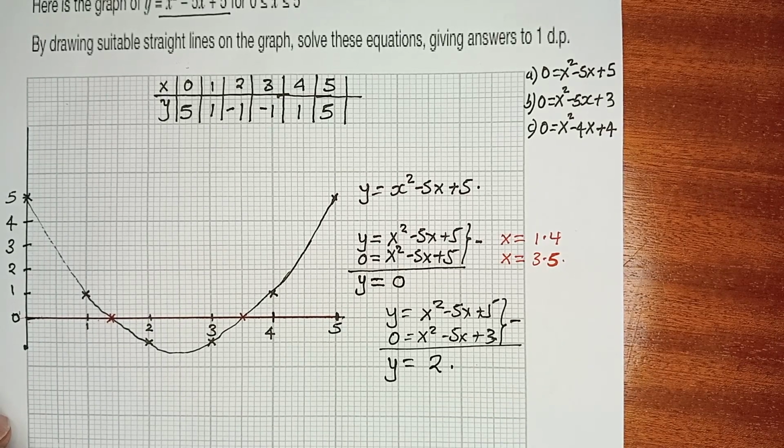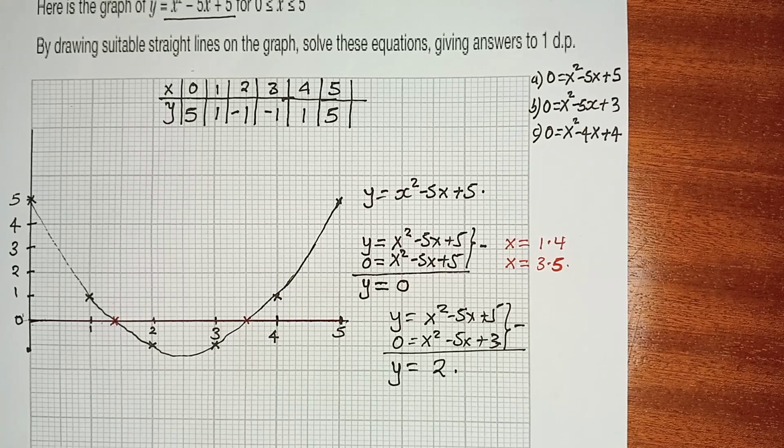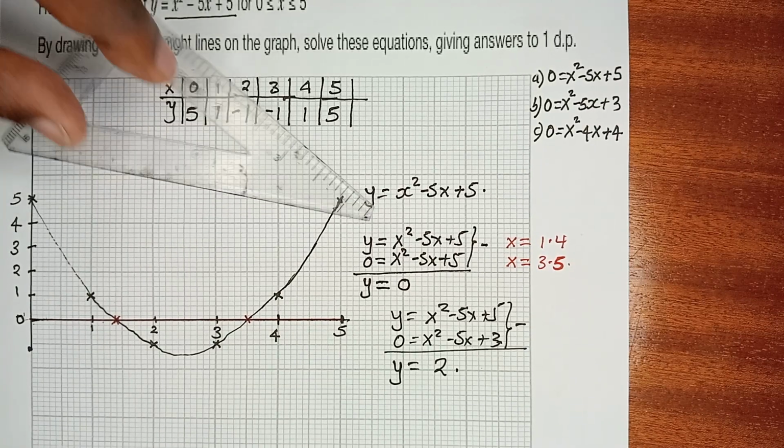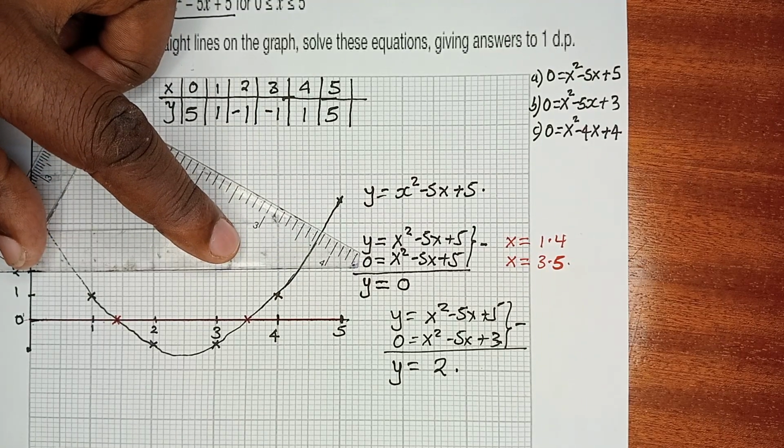That is now the equation we need to construct, or we need to draw in the xy Cartesian plane. Y is equals to 2. And what we need to do now is just get to our graph and identify our line y is equals to 2, which is here, and we draw the graph.